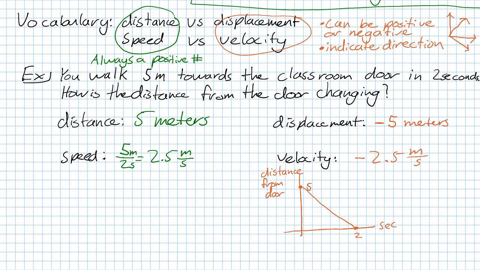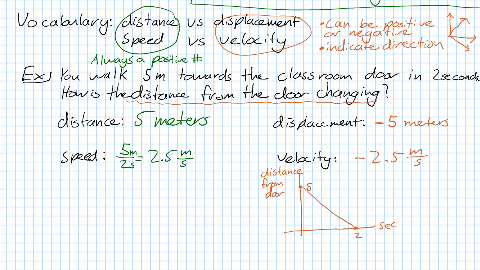So if you're walking 5 meters towards a classroom door, the distance you walked is 5 meters, whichever direction you go, and you went at a speed of 2.5 meters per second, which is pretty fast. You guys can walk out the door pretty fast sometimes. Here is the displacement. Now, the displacement is negative because, when I say the distance from the door, how is that changing?